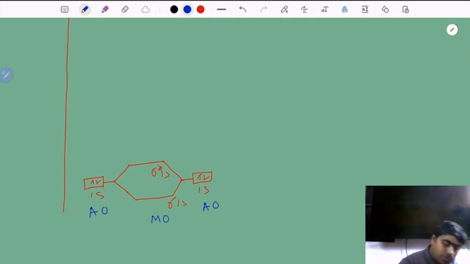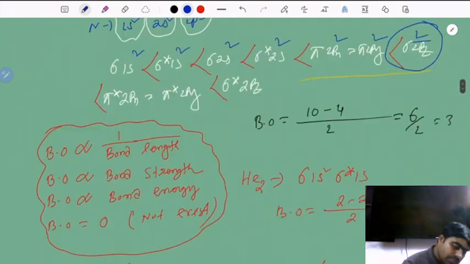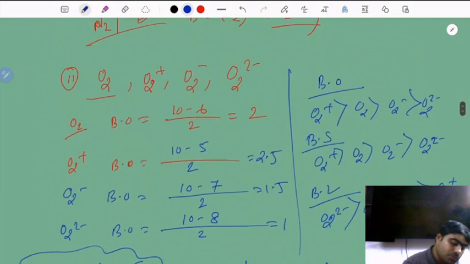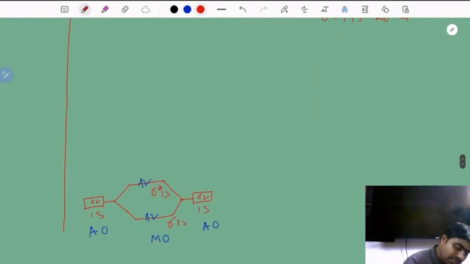So in the molecular orbital, sigma 1s contains how many electrons? 2 electrons. If we go for the O2 molecule, then sigma 1s2, sigma star 1s2, then sigma 2s2, sigma star 2s2, because the 2s and 2s also combine. 2 electrons from one 2s, another 2 electrons from the other 2s.